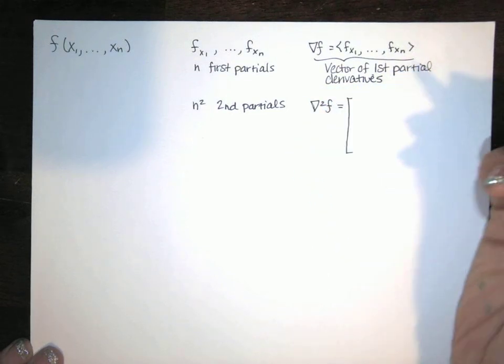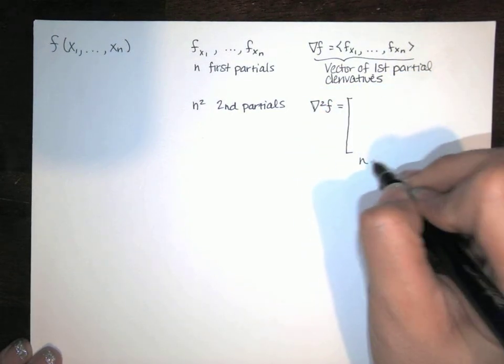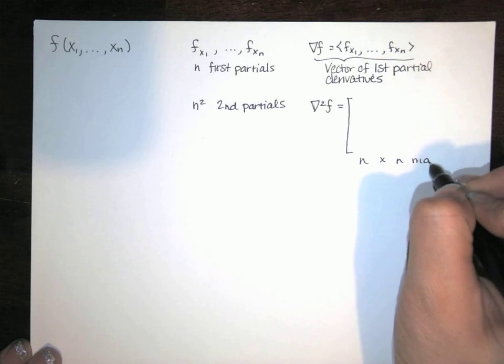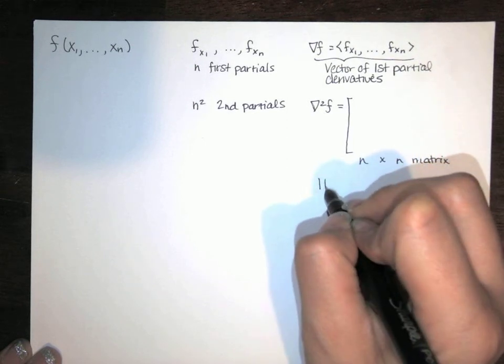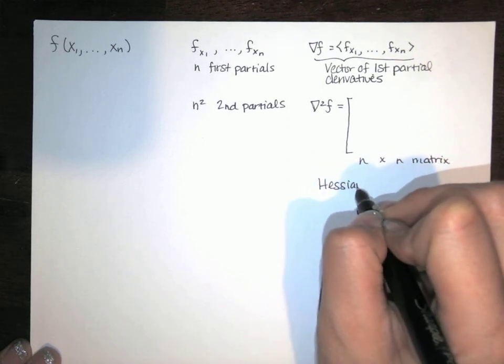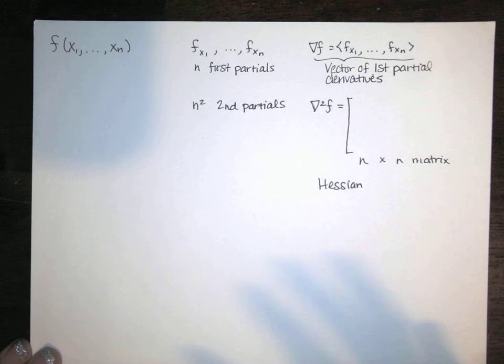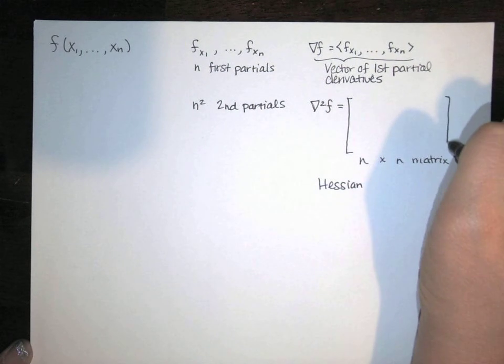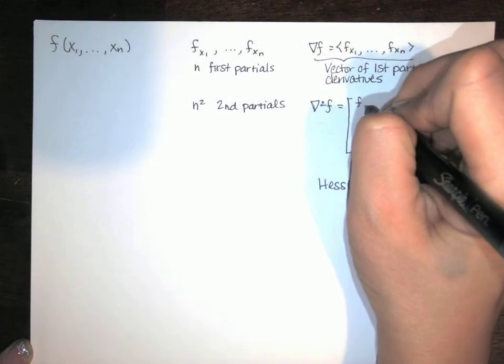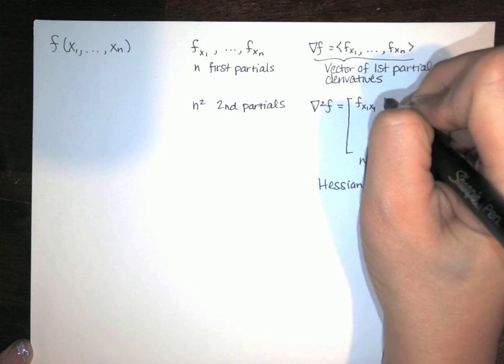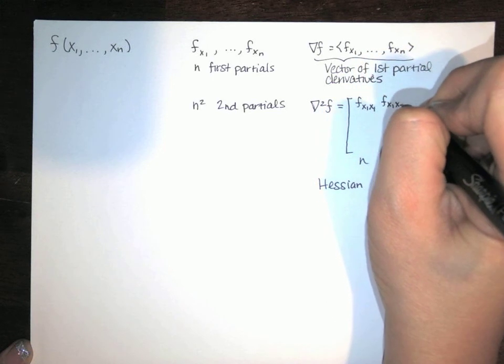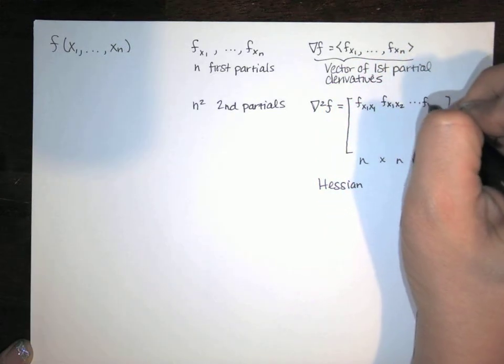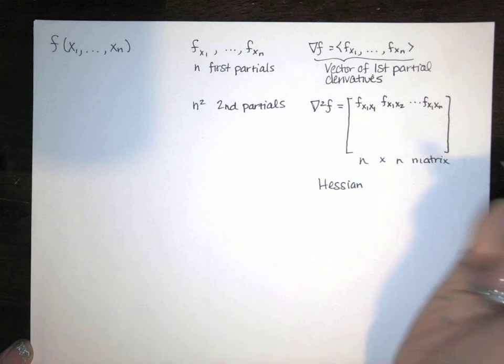The matrix of second partials is an n by n matrix. And it looks like the Hessian. But there's something about the way I'm pronouncing that that's incorrect, and I'm not sure what it is. But we take the partial with respect to x1 twice, take the partial with respect to x1, then x2, and you go all the way across, partial with respect to x sub 1 and x sub n.